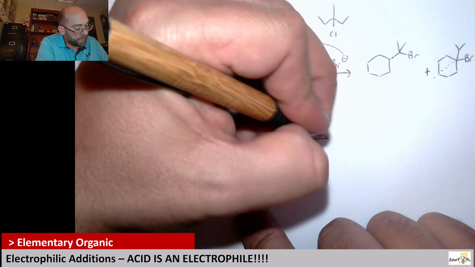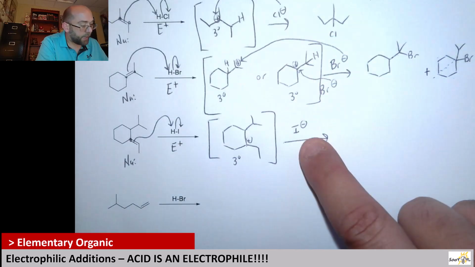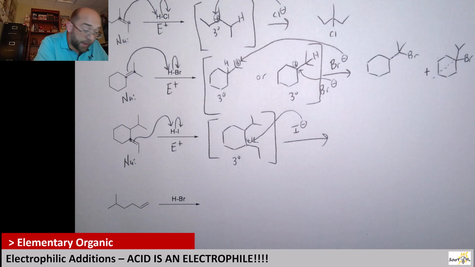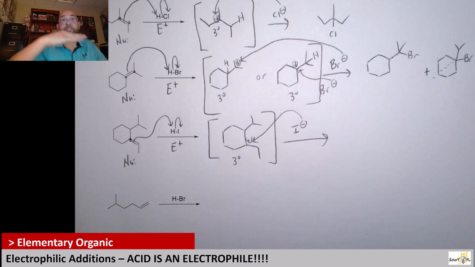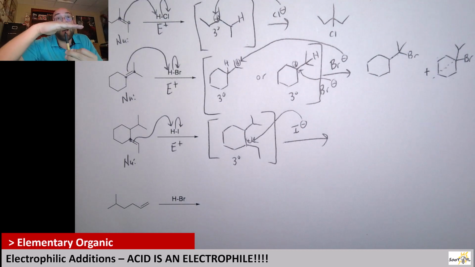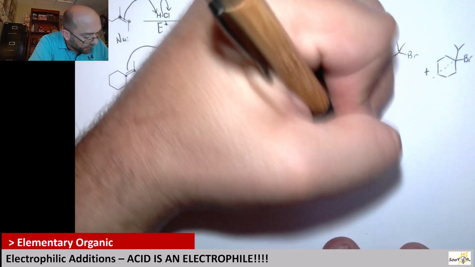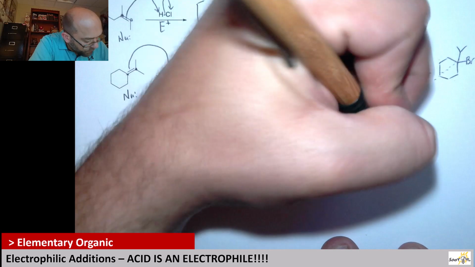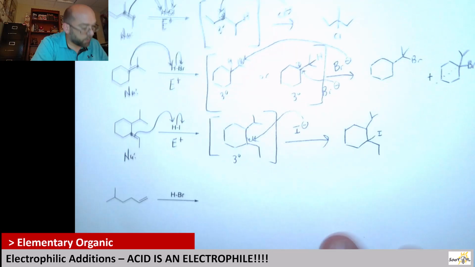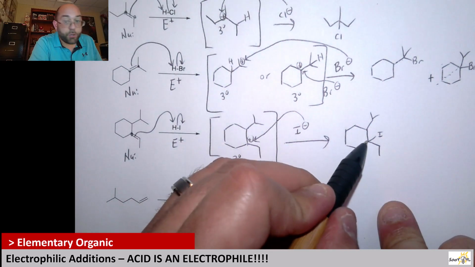That also means now I've got my iodide ion that can come in and attack the positive charge. That carbocation is trigonal planar, right? It's flat. So that iodide can attack from the top or it can attack from the bottom with equal efficiency, meaning when I put the iodide there and then I put the ethyl right there, that is a new chiral center.